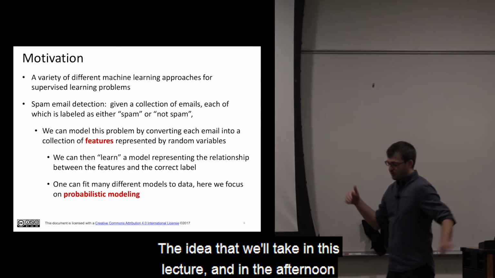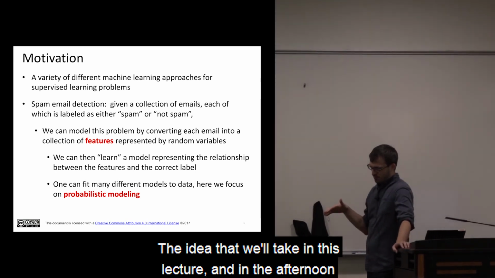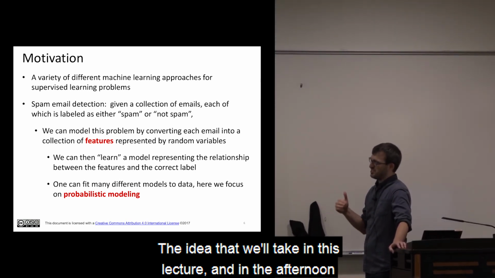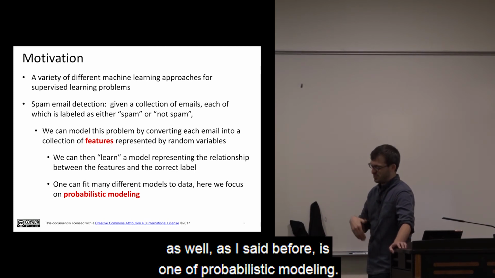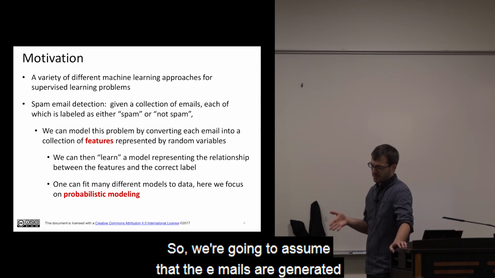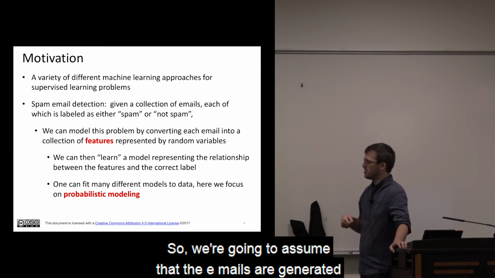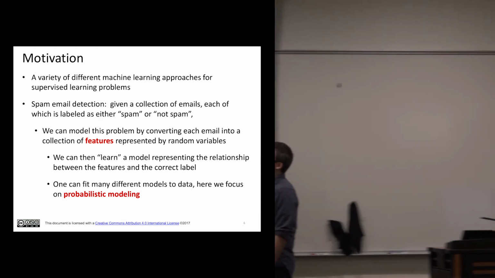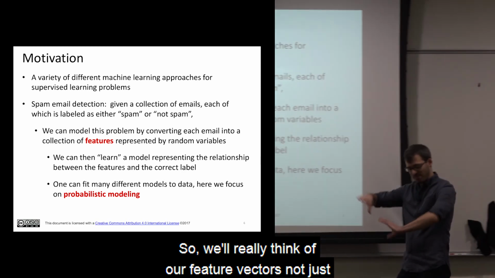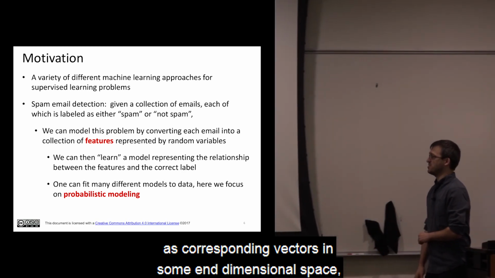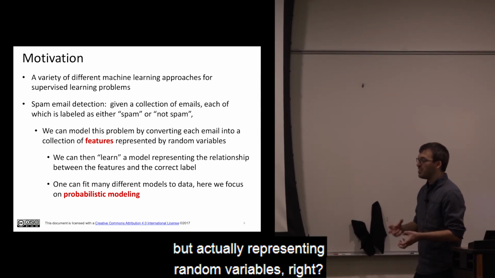The idea that we'll take in this lecture and in the afternoon as well, as I said before, is one of probabilistic modeling. So we're going to assume that the emails are generated by some random process. We'll think of our feature vectors not just as vectors in some n-dimensional space, but actually as representing random variables.